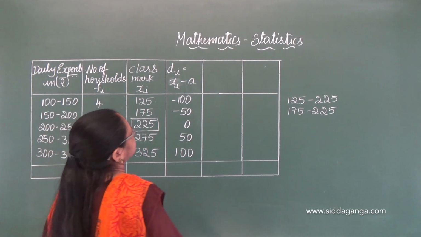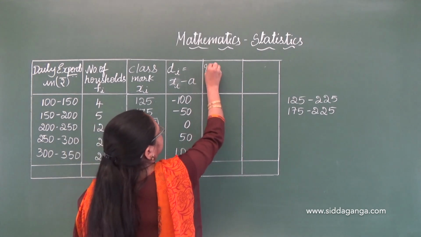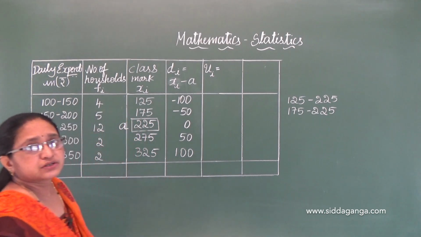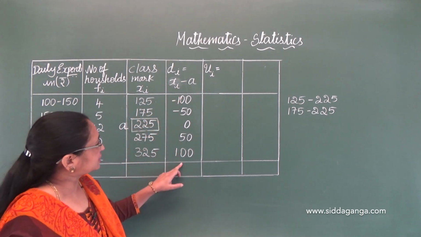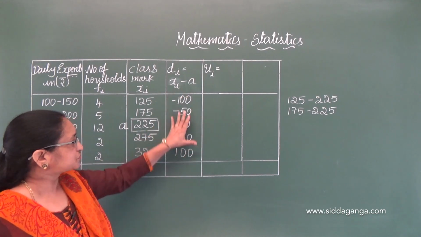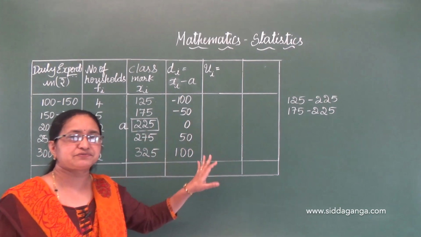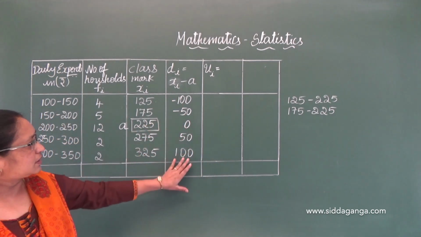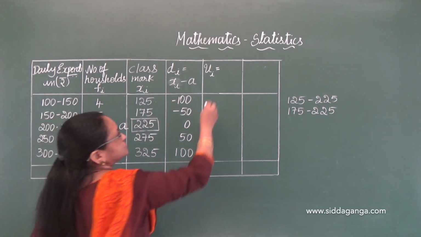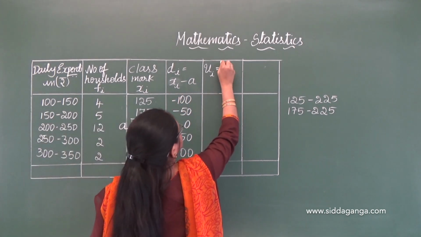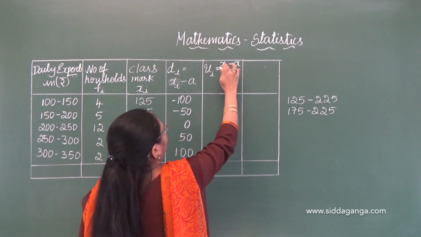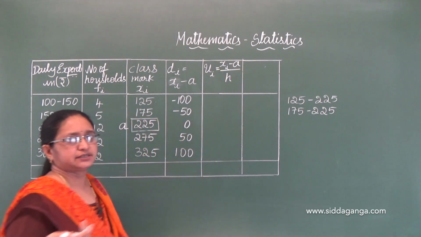Now, what is the next step? As I told you, you have to calculate Ui. How to calculate Ui? Just observe this carefully: 100, 50, 0, 50 and 100. Suppose if you divide this by the common multiple, that is 50, it will be still simpler, correct? So what will be the formula? Ui is Xi minus A divided by h, or Di by h also you can write.